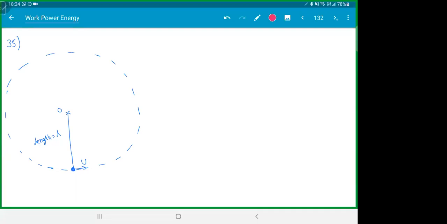But this guy goes like this. Somewhere at this point, tension becomes 0, and this thing flies with V and lands at the point O.